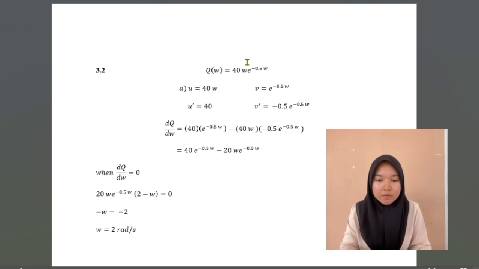So negative W equal to negative 2. So the final answer is W equal to 2.